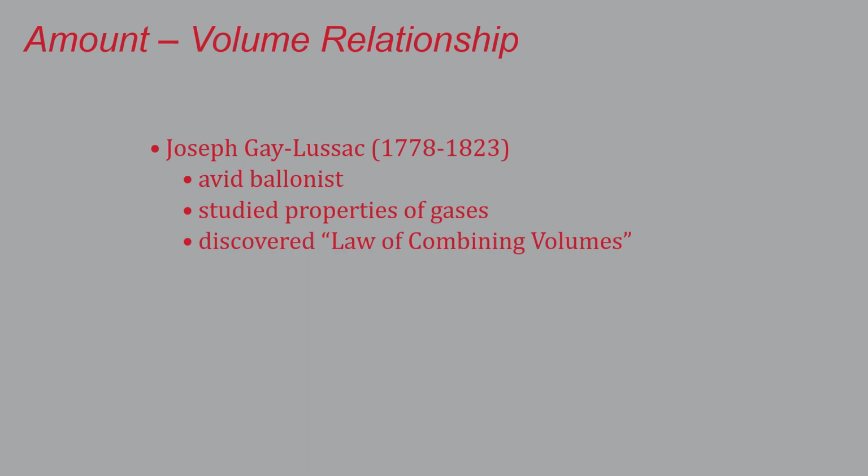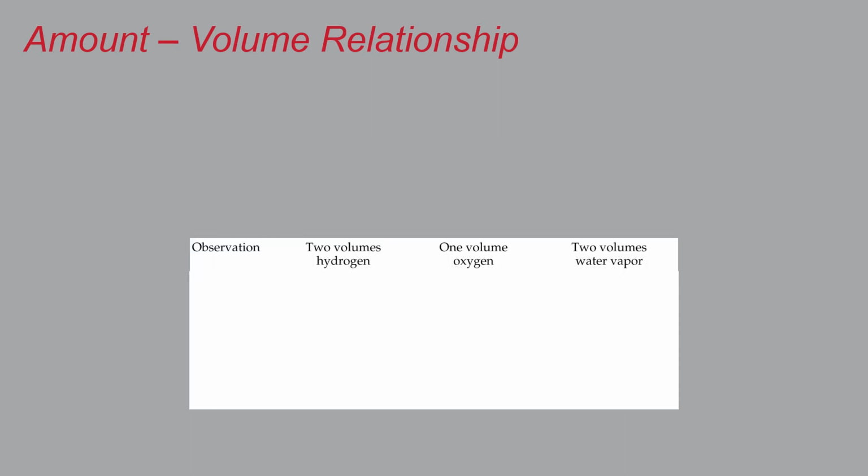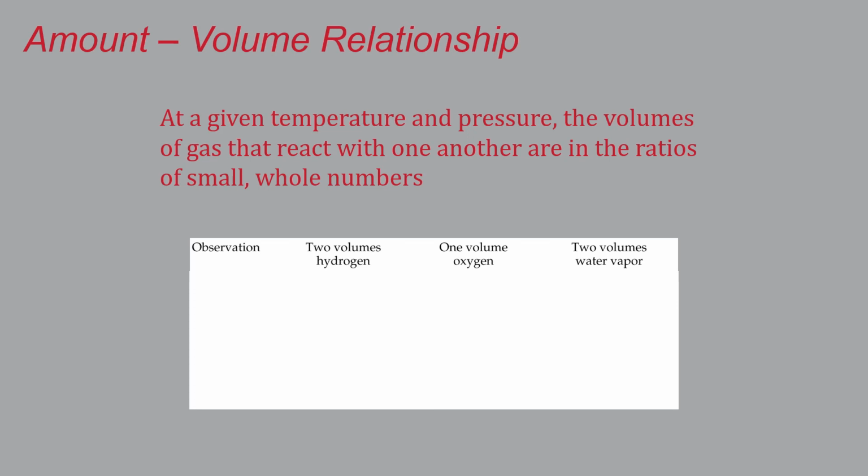And he also discovered in the course of these studies this thing called the law of combining volumes. Now in English, that said that at a given temperature and pressure, the volumes of gases that react with one another are in the ratios of small whole numbers.